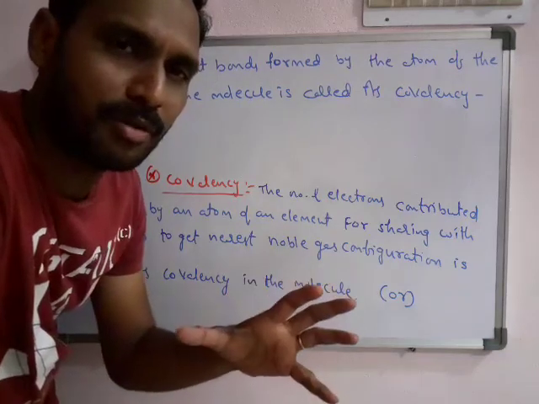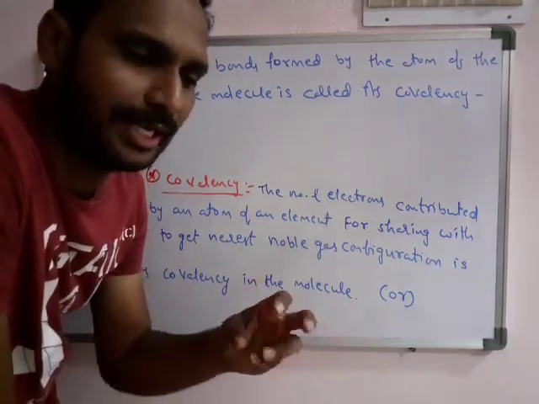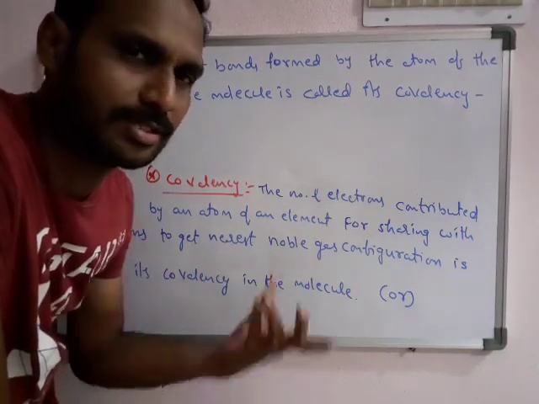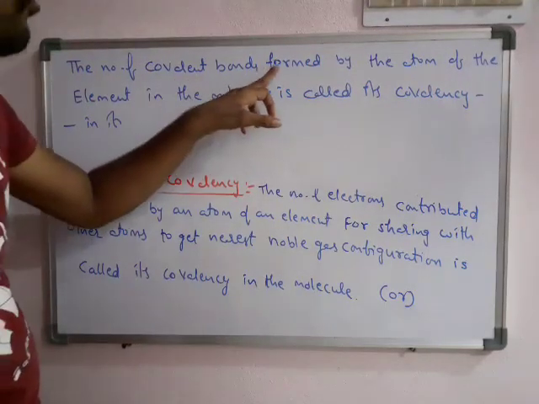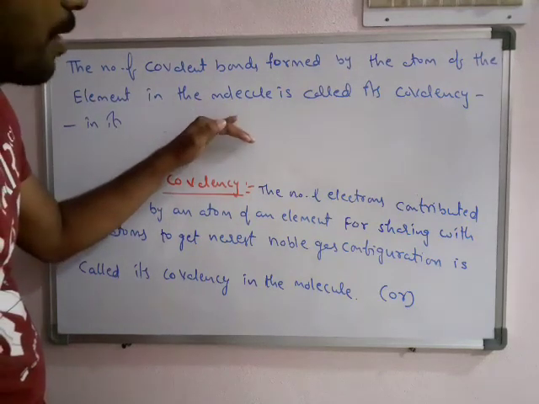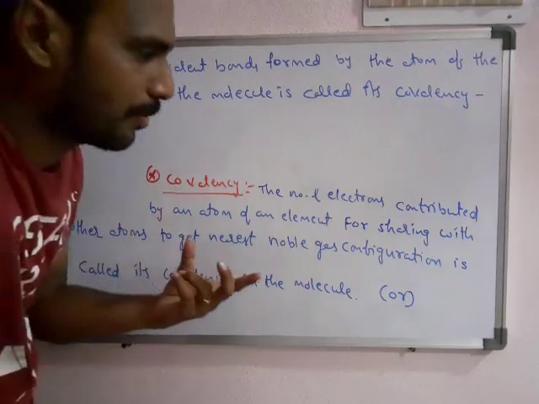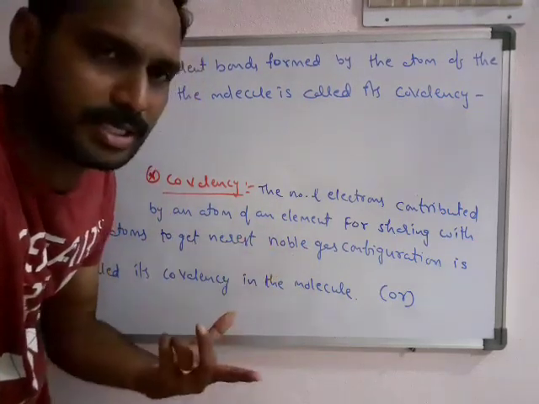That is, to form a molecule, how many electrons an atom of an element has shared or provided is called its covalency. Or simply we can say the number of covalent bonds formed by the atom of the element in that molecule formation is called its covalency. Okay, the number of electrons contributed is nothing but the number of bonds formed.